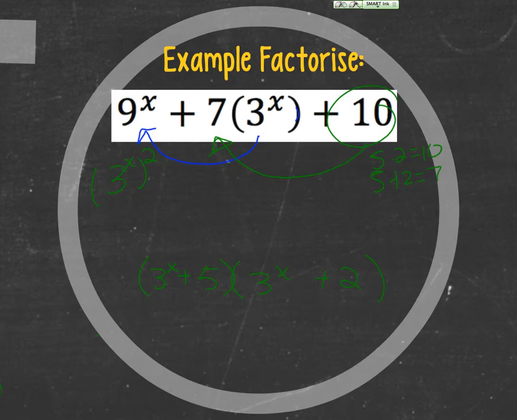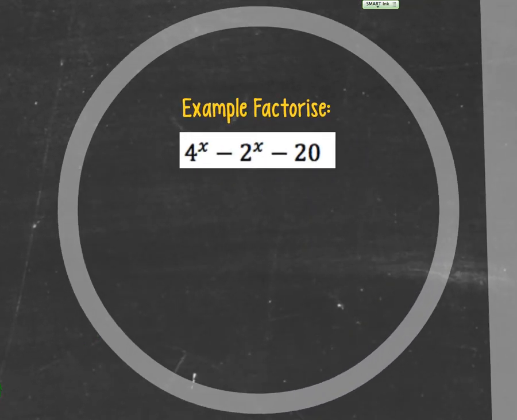Okay. All right. Now this next one has something else that looks a little different, but it's really not too crazy. 4 to the x minus 2 to the x minus 20.